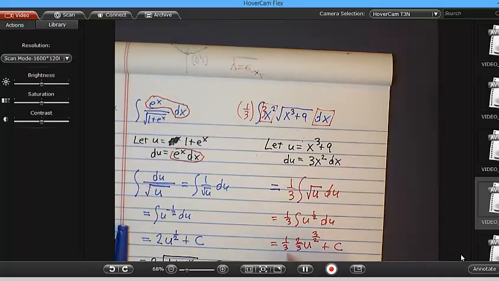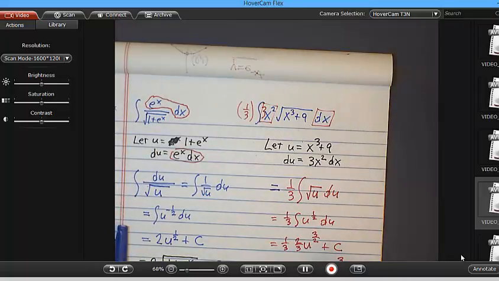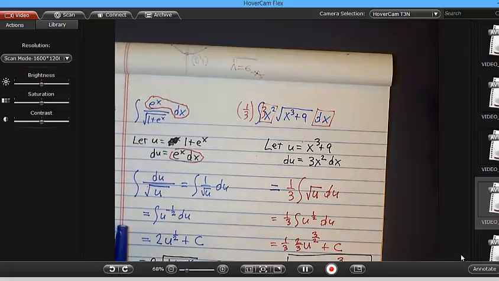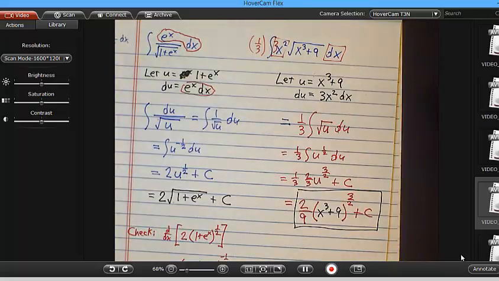And so my answer to this second problem would be 2/9 times some stuff to the 3/2 power plus c. And what's the stuff? The stuff was x cubed plus 9. There's my answer. Okay?